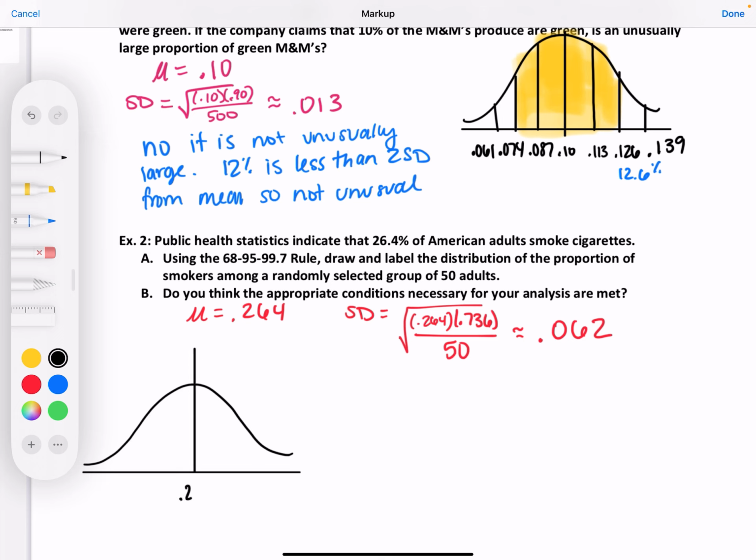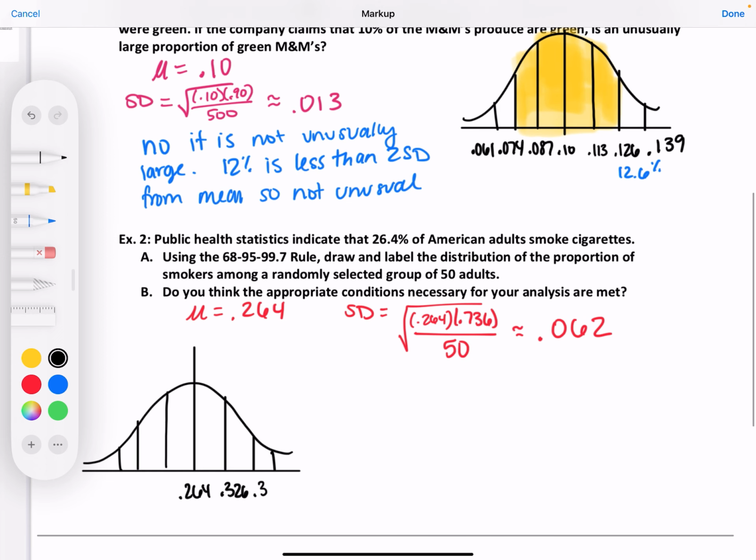So my mean is 0.264. Then we have 0.326, 0.388, and 0.450.